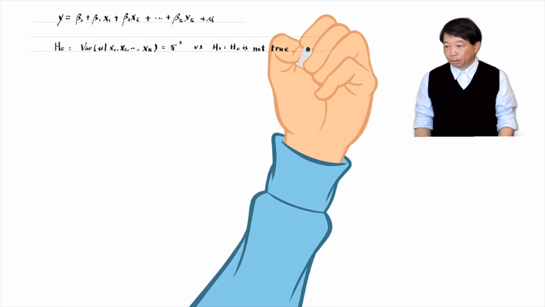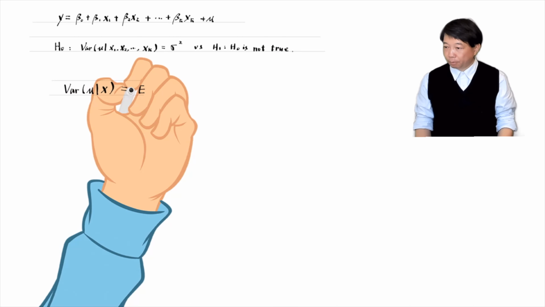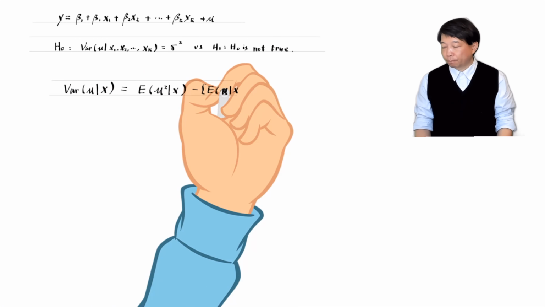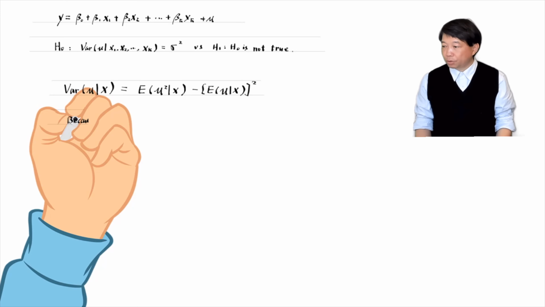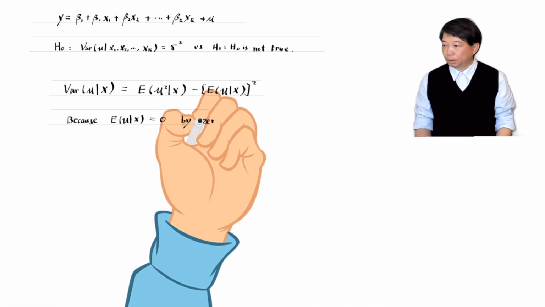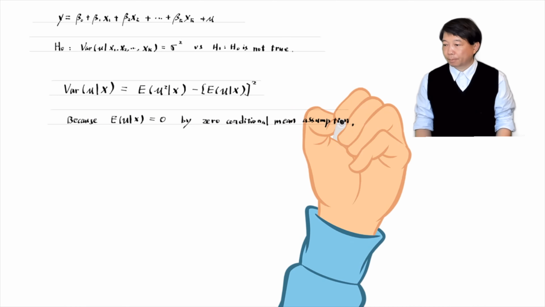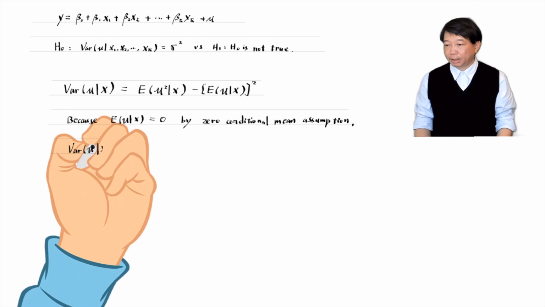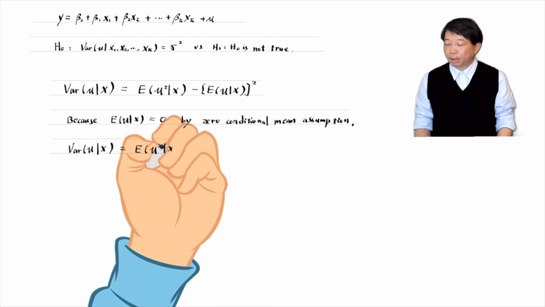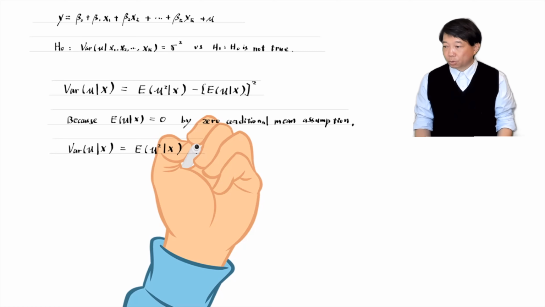We write down the definition formula for the variance. Because of the zero conditional mean assumption, the second term is 0. We can simplify the error variance into the expected value of the squared error.